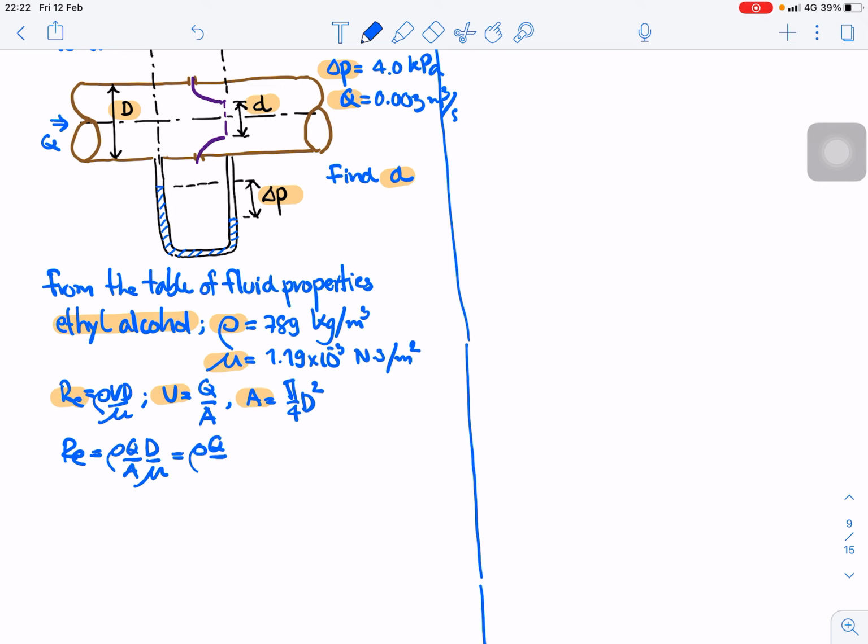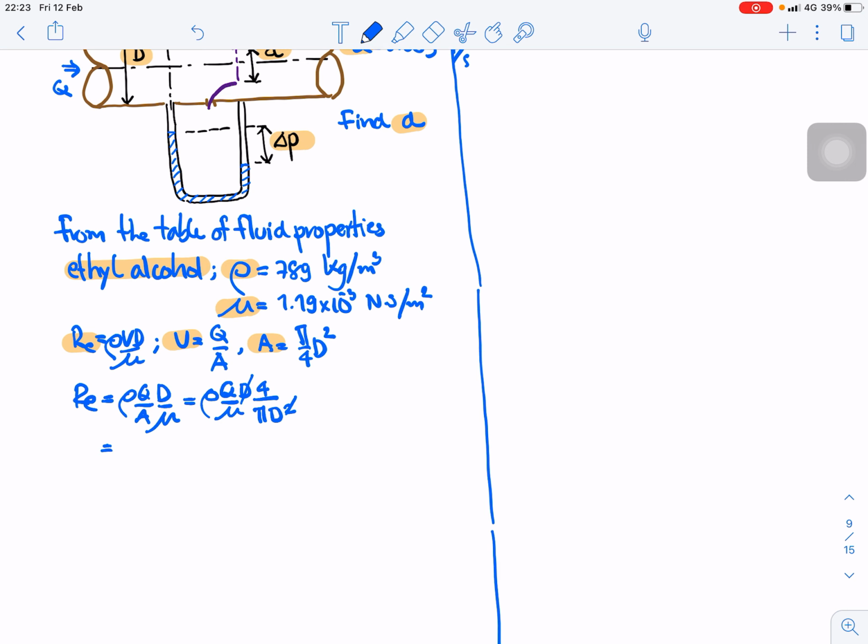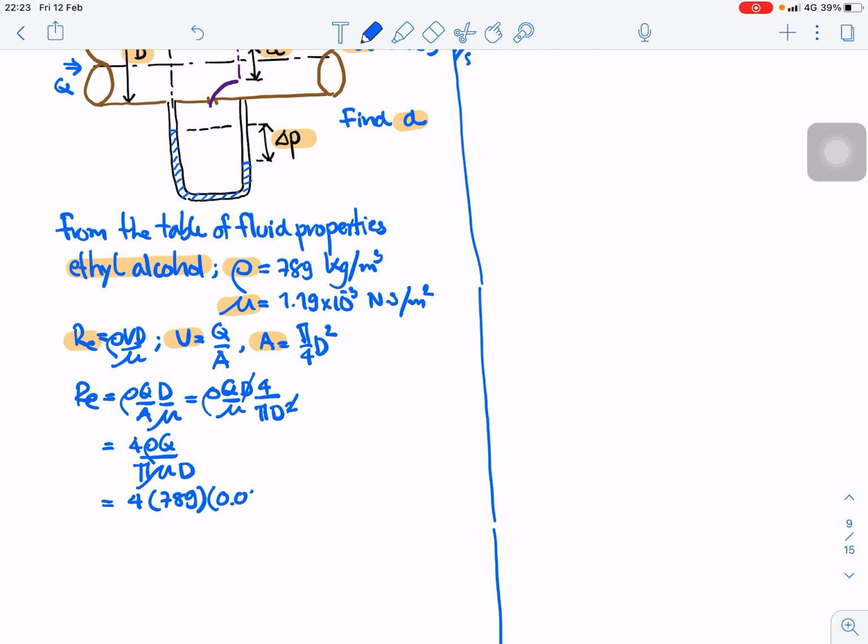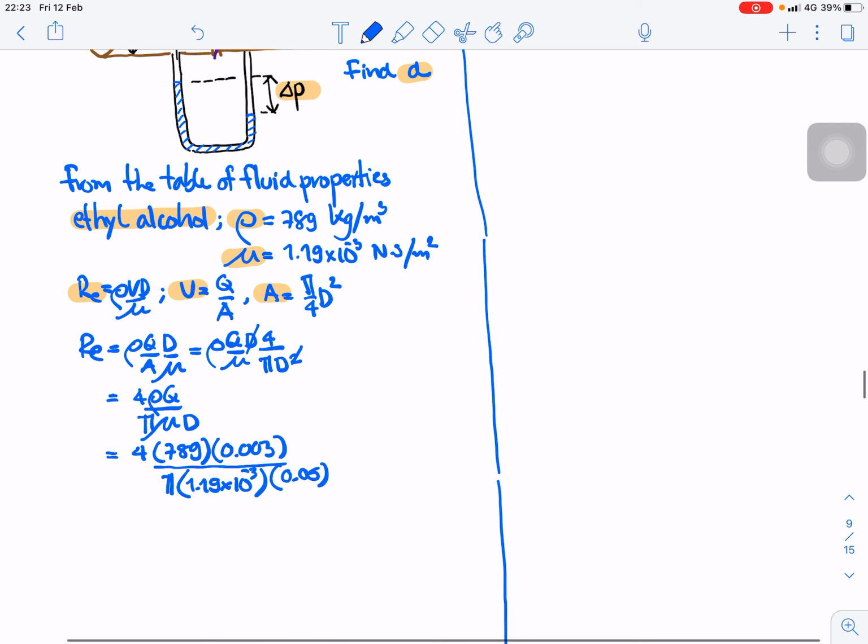Rho Q, the terms cancel, and so we got the Reynolds number is equal to 4 rho Q divided by pi mu D. Next we substitute numbers in this equation: the density of alcohol, the flow rate, the viscosity, and the diameter. So the Reynolds number is about 42,000.